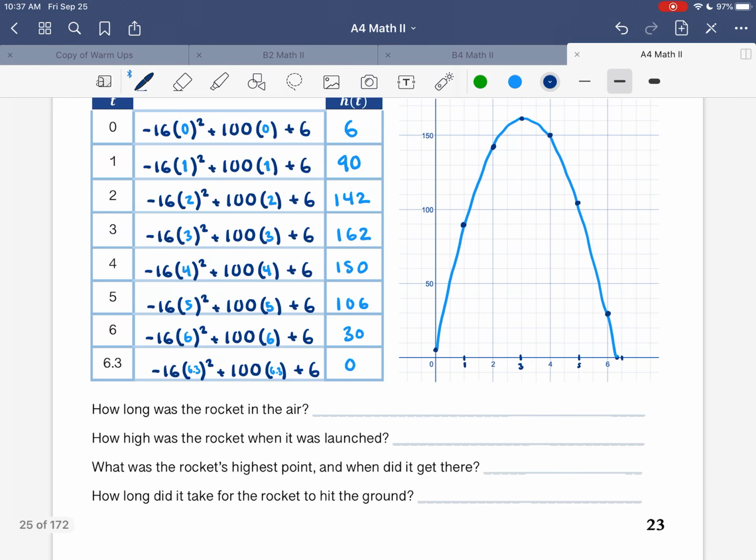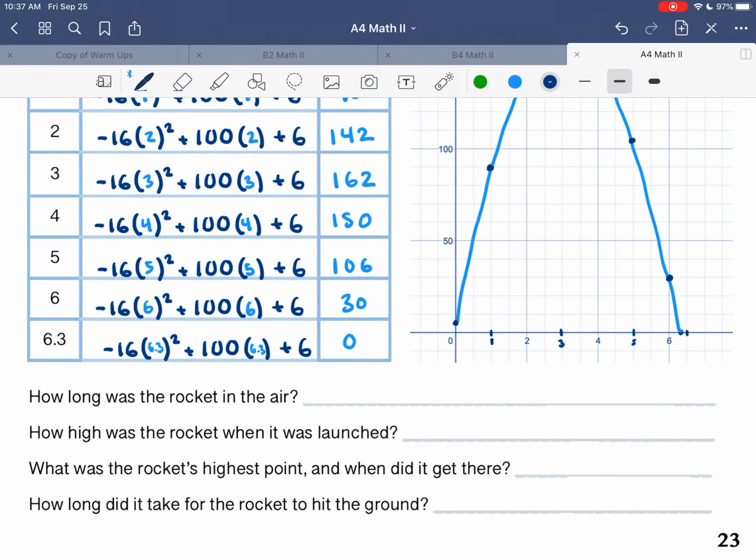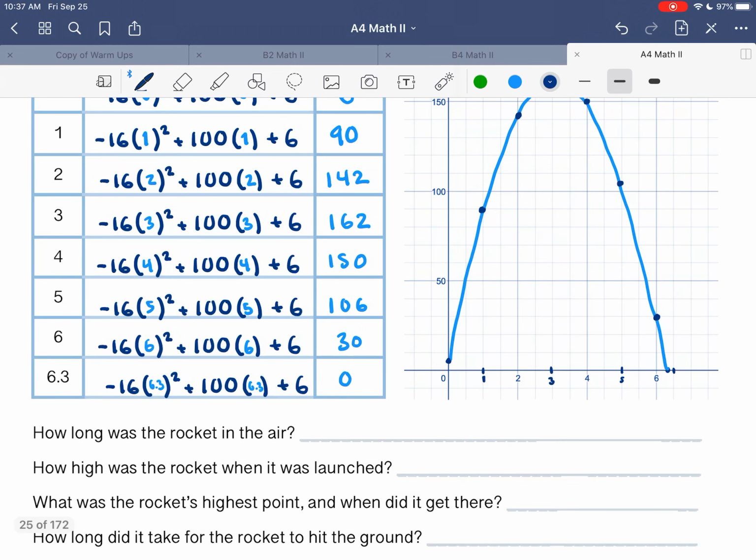So we're going to answer a couple of questions using this graph now that we have a visual of how this model rocket was moving. So the first question is, how long was the rocket in the air? So it starts at 0, that's where we launched it, and then let's highlight here.